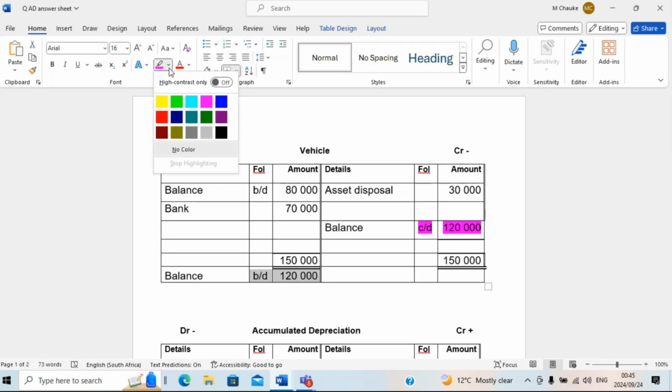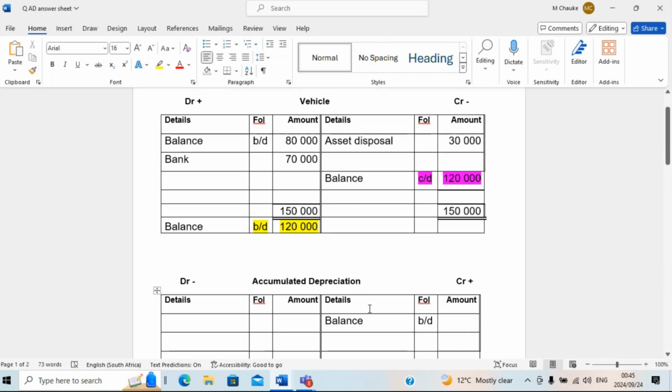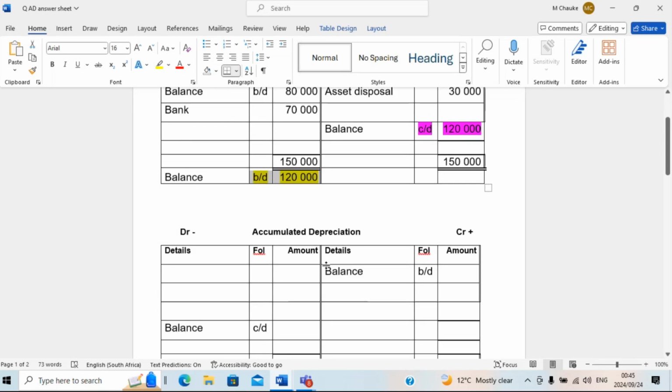So that is how you balance off and close off properly. You indicate the totals there, that they are equal on both sides, and you also indicate that the closing balance for this year is going to be an opening for next year. I hope you're going to get this one.